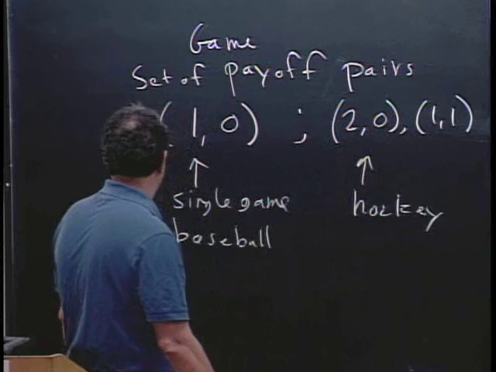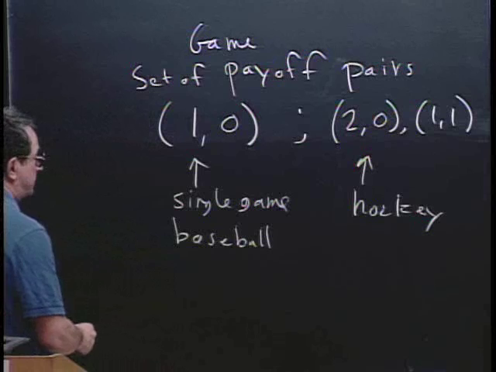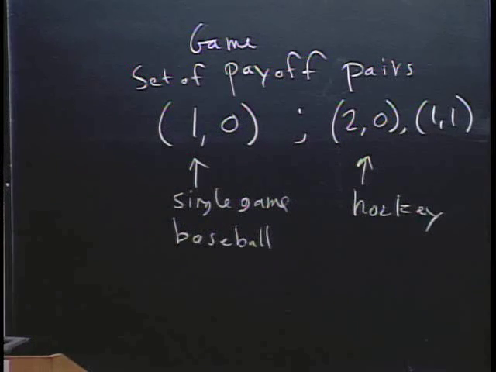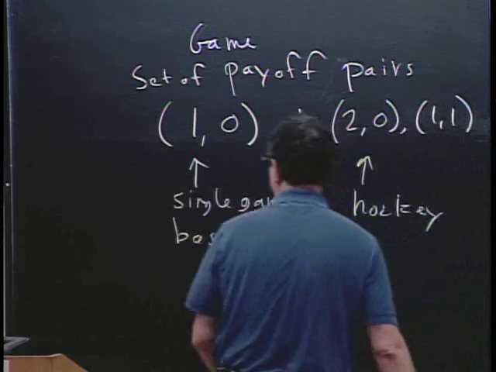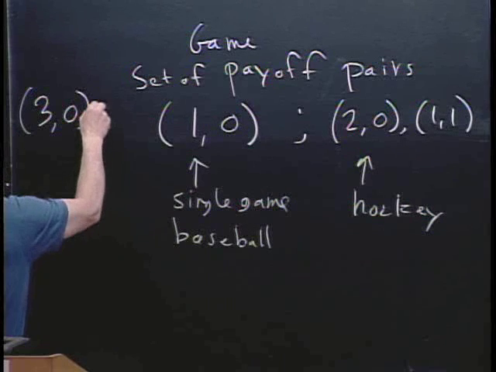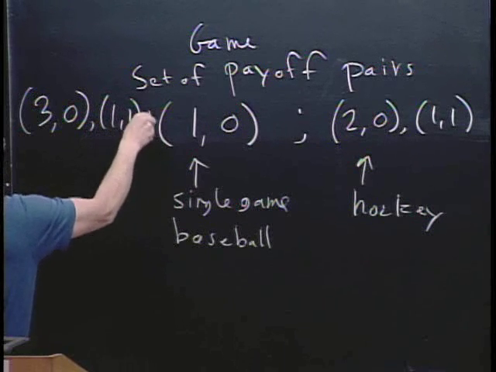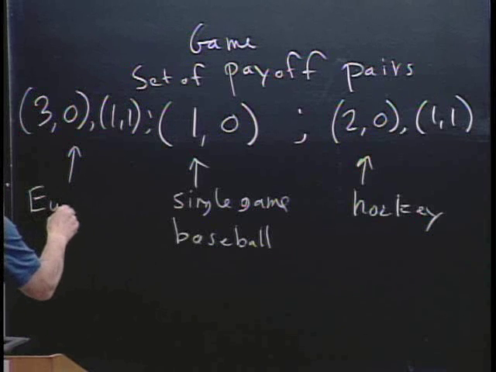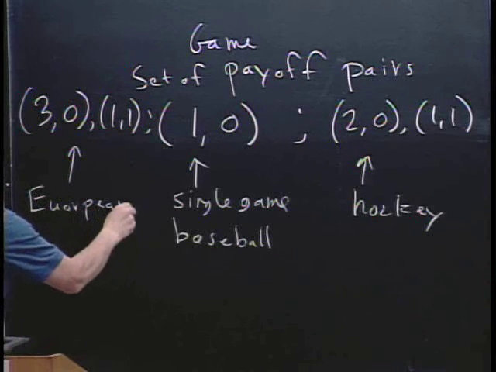And then in European soccer, I guess it's, well, according to my notes, I don't really know if this is true, it's 3-0-1-1, and this is what happens in European, I'll call it football.